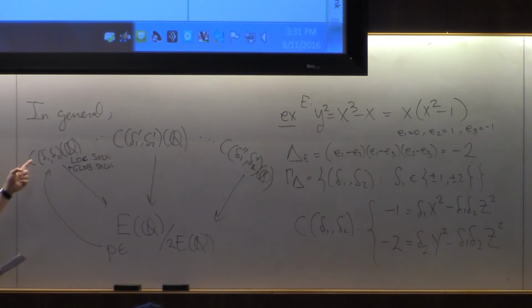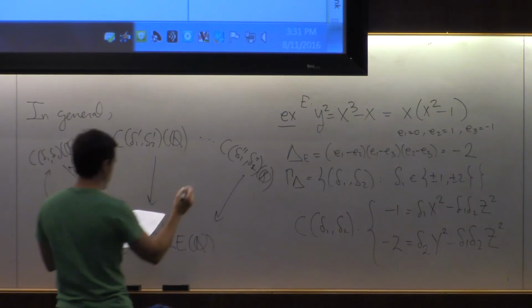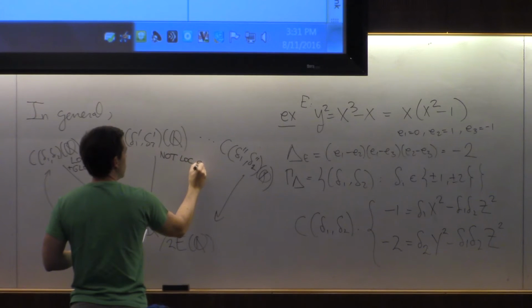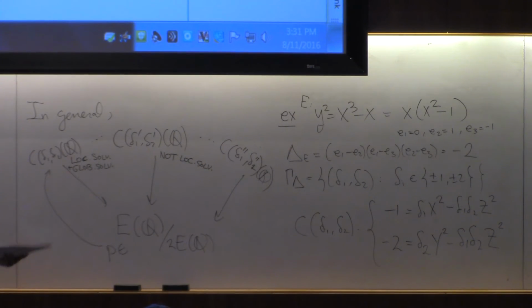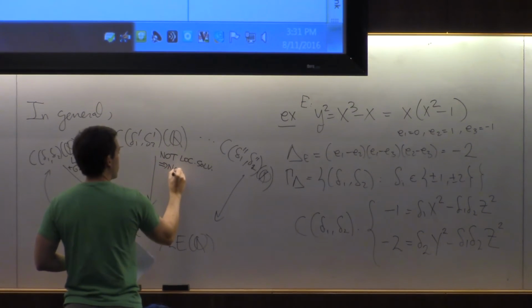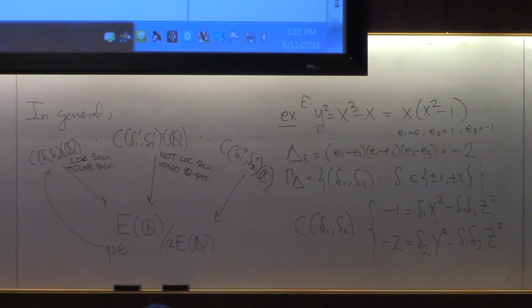That's the kind that hosts the rational points of the elliptic curve. Then you could have spaces that are not locally solvable. And if there are no solutions locally, like over the reals or Q2, there are no solutions over the rationals. So there are no Q points either.